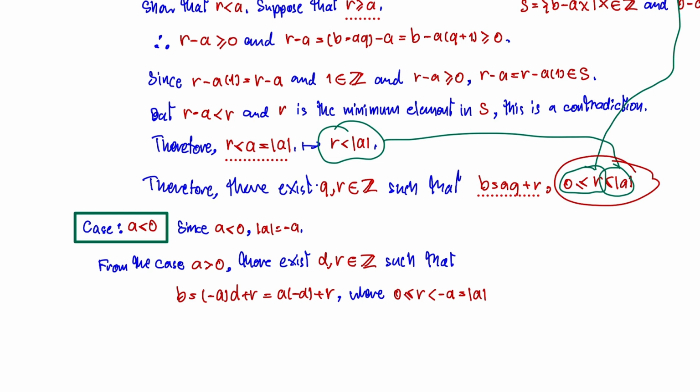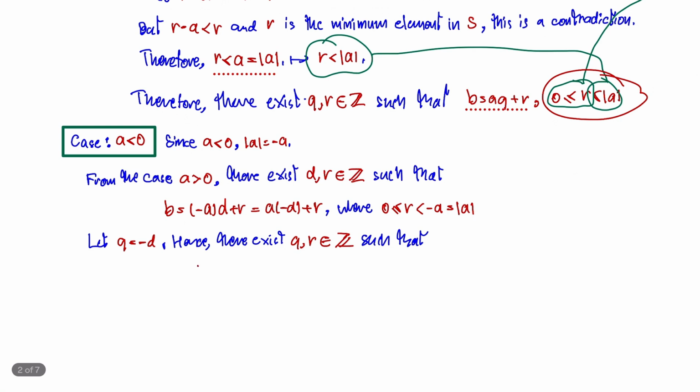So we let Q be minus D. What do we have? Hence, there exist Q and R, which are integers, such that B equals AQ plus R, where R is greater than or equal to 0 and less than the absolute value of A. All right, that's what we have right here.